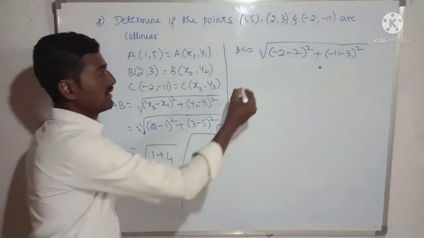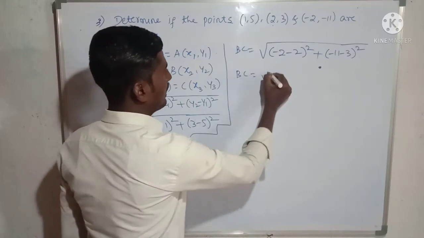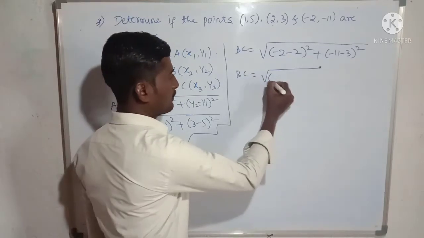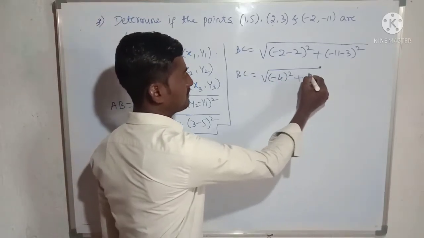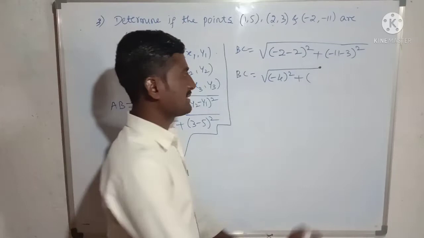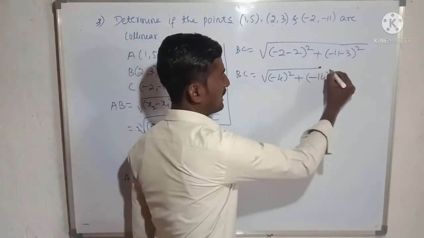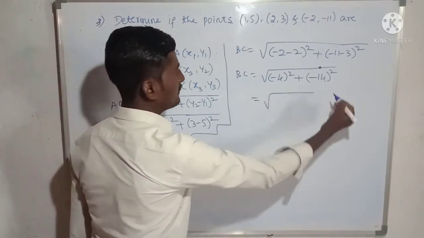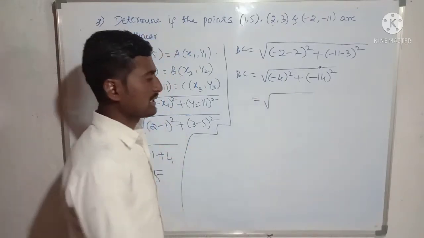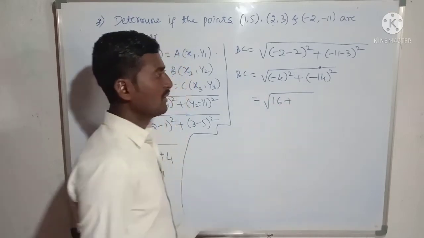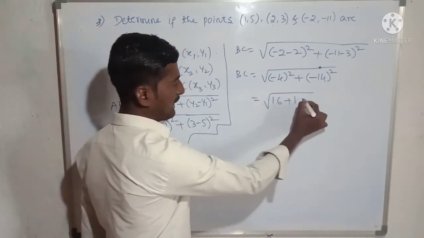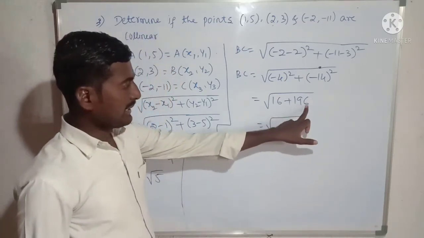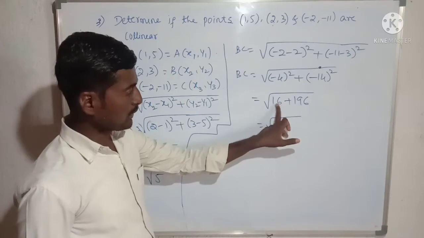Now this BC is equal to under root of minus 4 square plus minus 11 minus 3, that is minus 14 square. Now this is equal to under root of minus 4 square, that is 16, plus minus 14 square, that is 196. 196 plus 16 is 212.